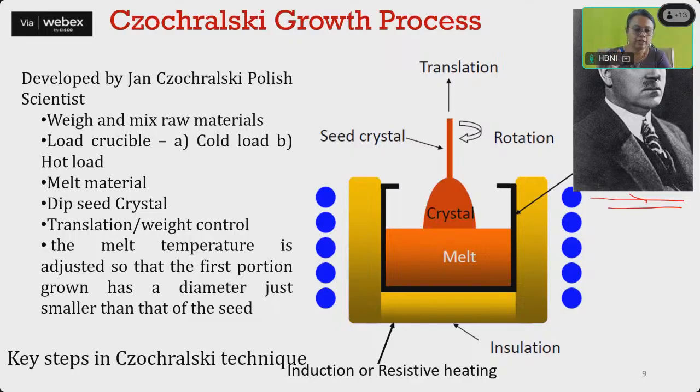First we weigh and mix the raw material, and this is loaded in a crucible. So this is the crucible, and the raw material is kept in it. And this is the furnace. These are the coils of the furnace.